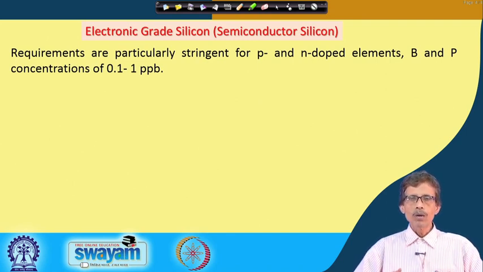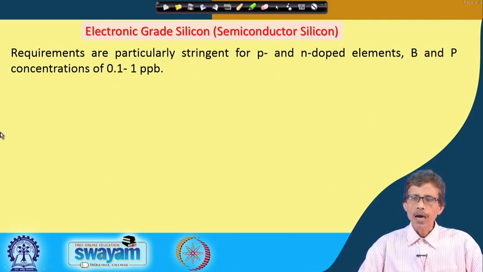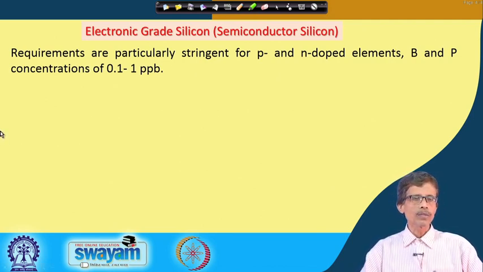That means the whole bulk material is silicon, and we can have some dopants to get a p type or n type semiconductor, which will be useful for its application electronically. So, the dopants are p type or n type elements, which are boron and phosphorus, up to a concentration of 0.1 to 1 ppb.